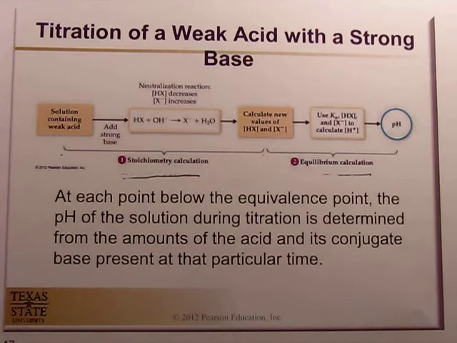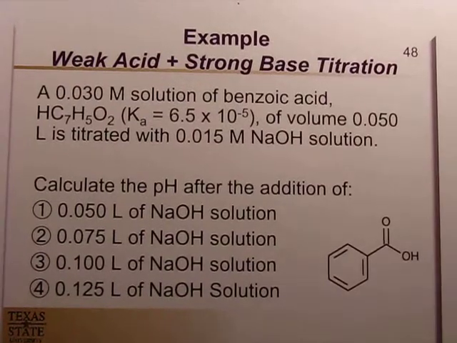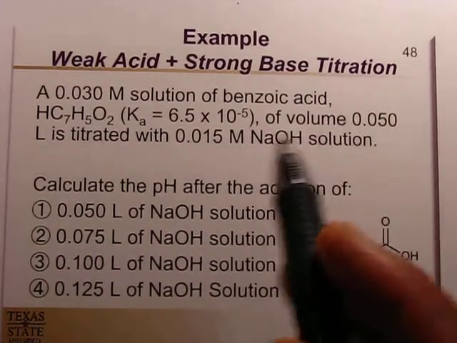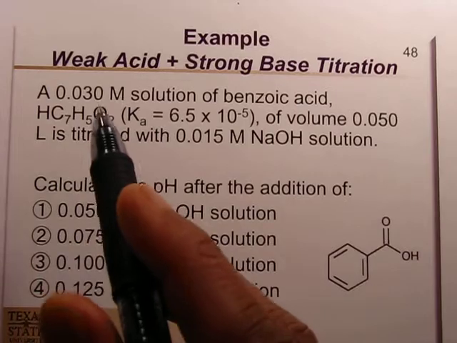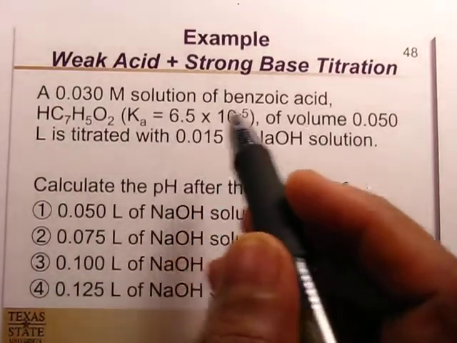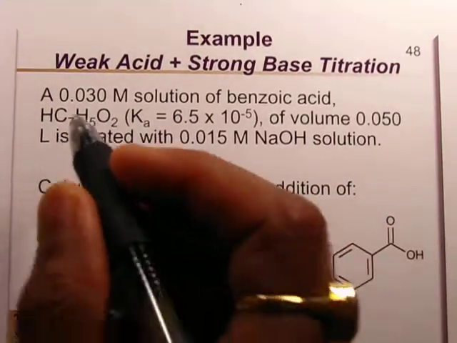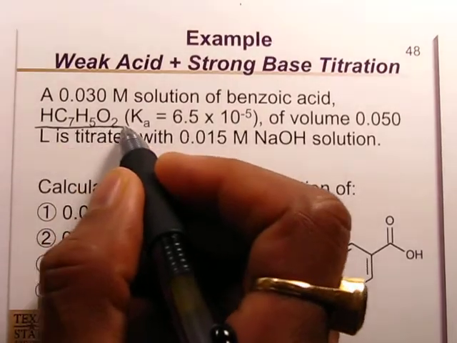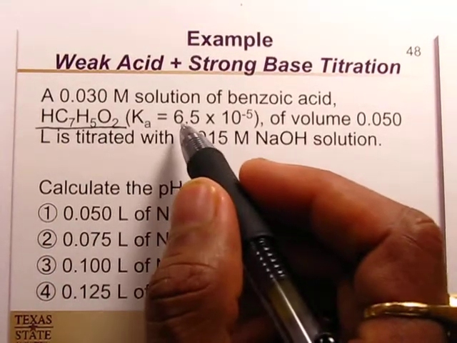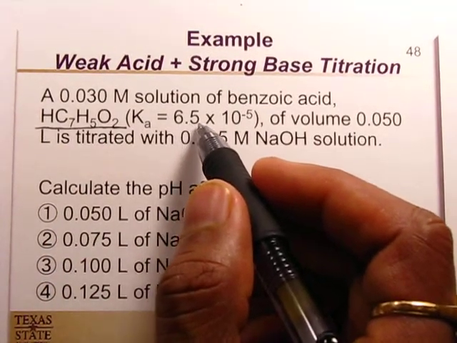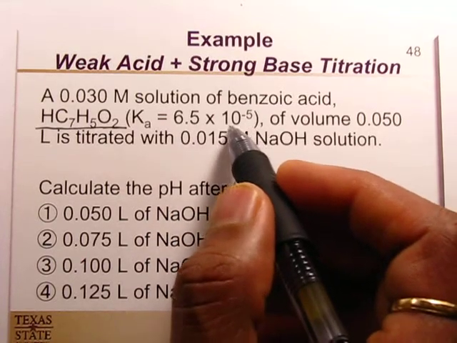So let's start with one example. The question is a weak acid and strong base titration: a 0.03 molar solution of benzoic acid, and this is the benzoic acid formula. The Ka, the acid dissociation constant, is 6.5 times 10⁻⁵, which is very small.